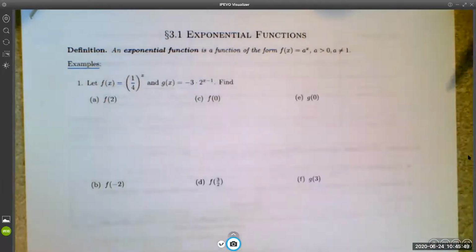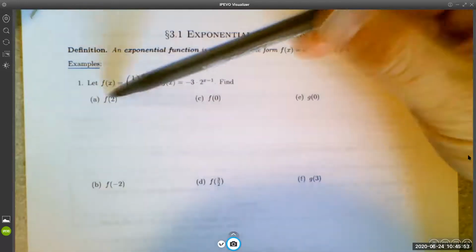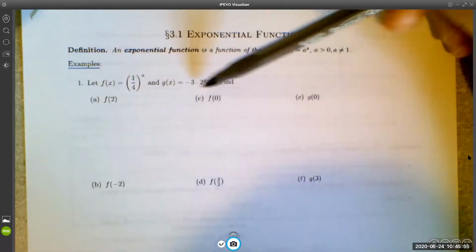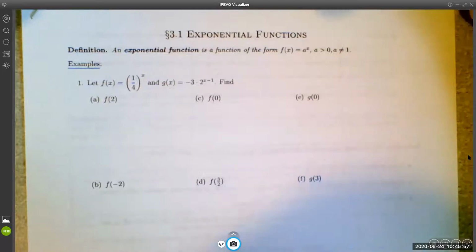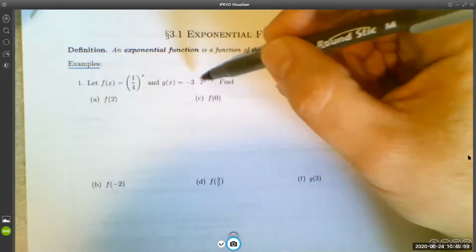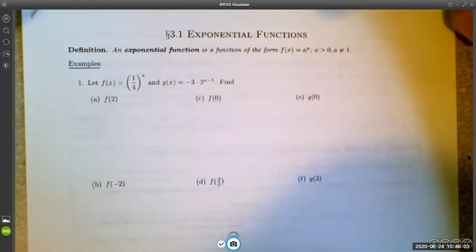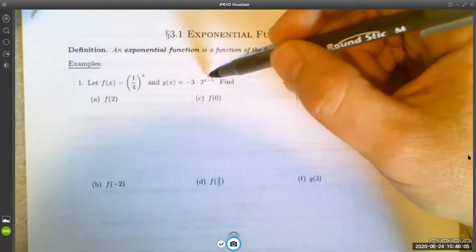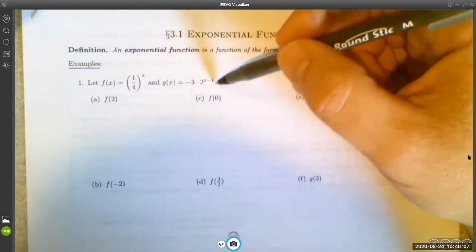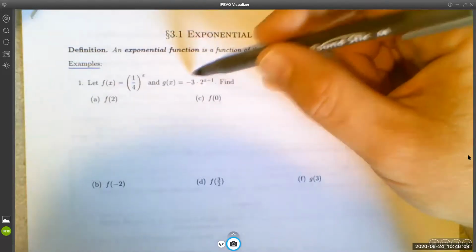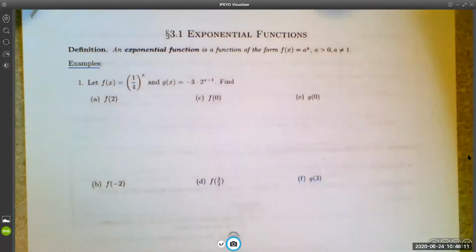Okay. Anyway, let's practice a little bit. So here's f, it's 1/4 to the x power, and here's g, it's -3 times 2 to the x minus 1. And before you fall into the trap of thinking that this is equivalent to -6 to the x minus 1, think again, because order of operations dictates you have to do this exponent first before you do this multiplication, right? So it's not the same thing as -6 to the x minus 1.